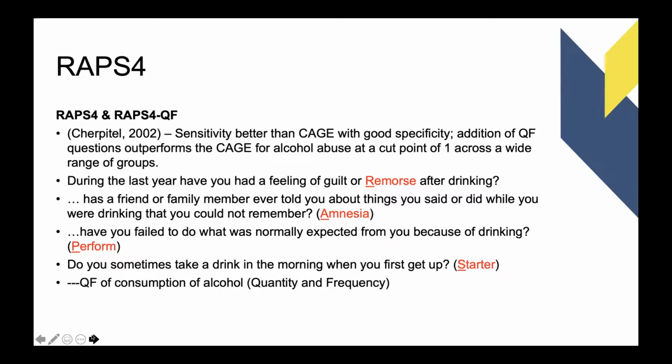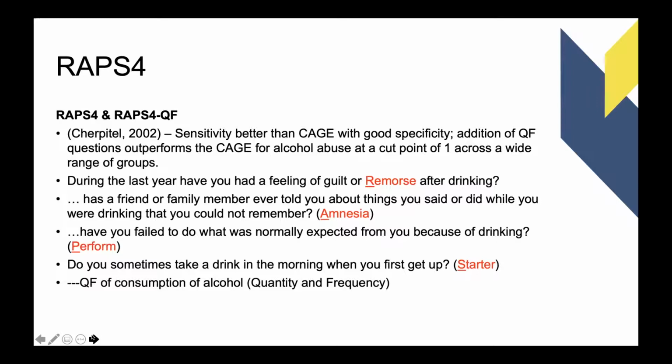During the last year, have you had feelings of guilt or remorse after drinking? Has a friend or family member ever told you things you said or did while you were drinking that you can't remember? So some amnesia. Have you failed to do what was normally expected from you because of drinking? This is your performance. That's the R-A-P. Do you sometimes take a drink in the morning when you first get up?